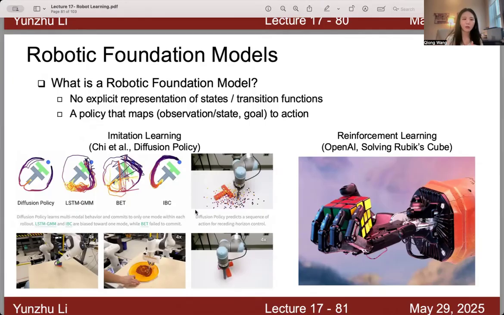The first one is diffusion learning. It is what we want. The model can predict the actions in different ways, and its average is good. The third one and the fourth one are not balanced. Sometimes they cannot work, for example the BET model, and sometimes they are not balanced, for example the LSTM model and the IBC model.